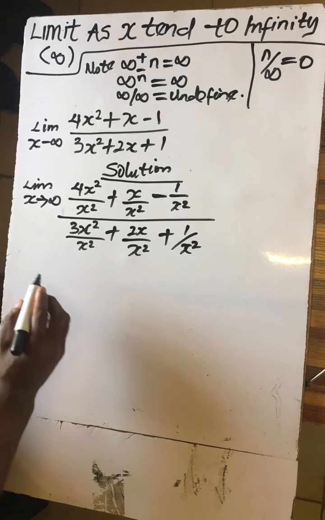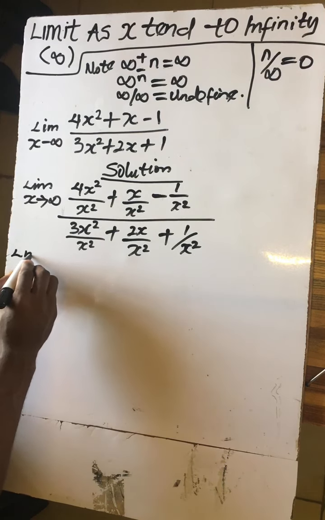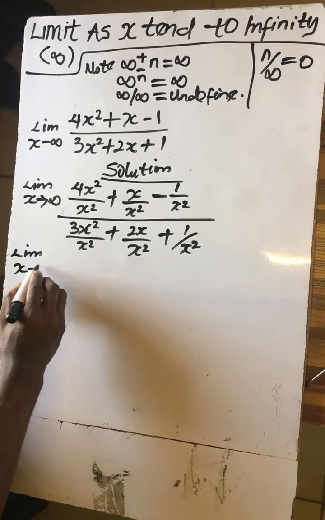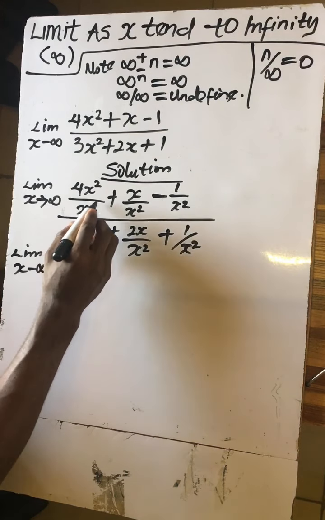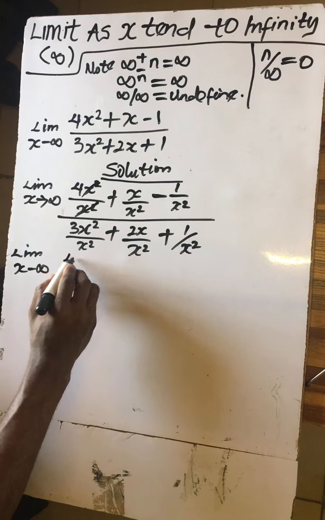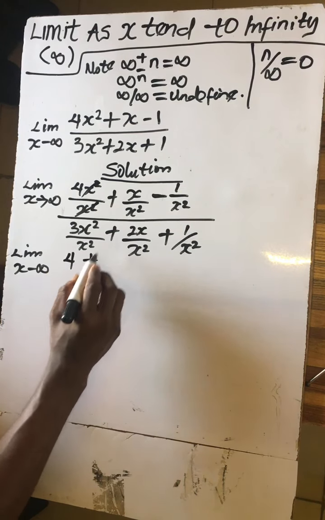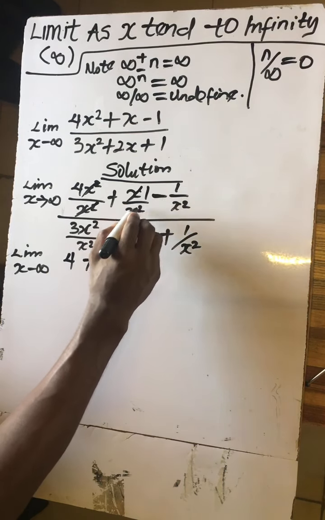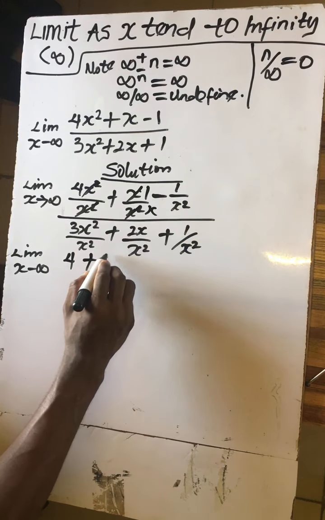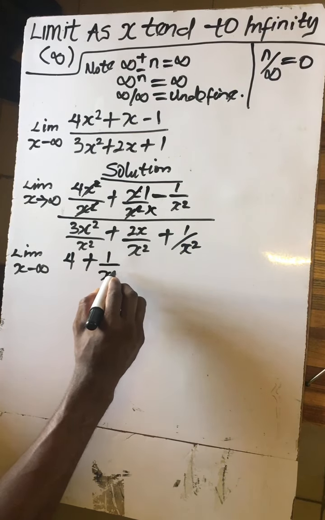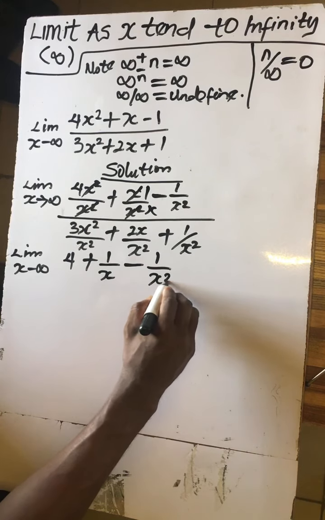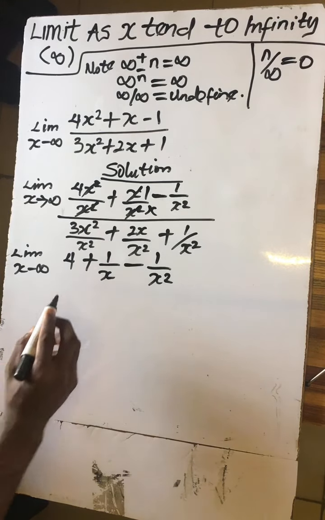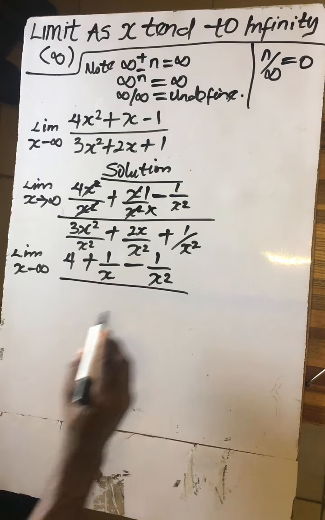So here we have the limit as x tends to infinity. When we cancel this, we have 4 left, plus, when we cancel here, we have 1, and here we have x, so we have 1 over x, minus 1 over x squared, because this one has no variable, so we say divided by.